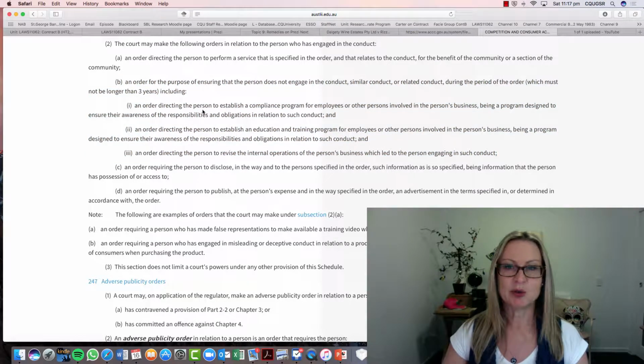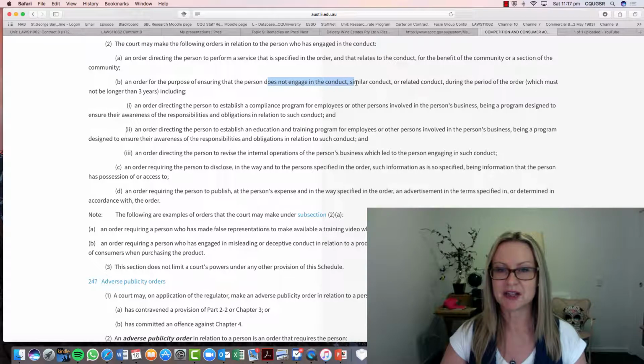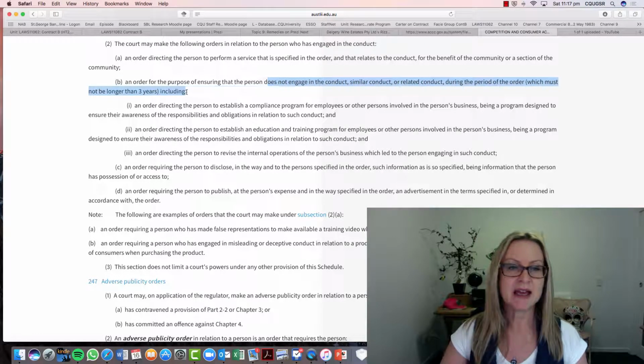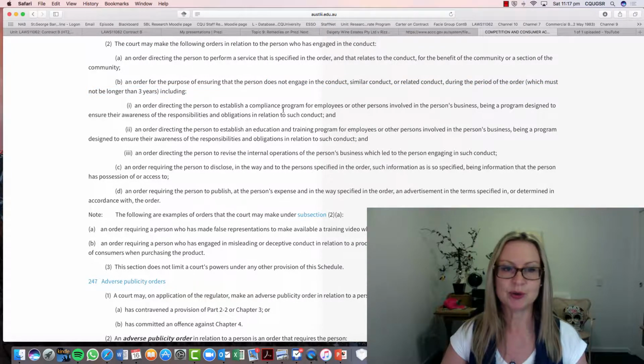So you can get an order that the person doesn't engage in the conduct, similar conduct, or related conduct during the period of the order, and it can require them to establish a compliance program for employees in their business designed to ensure awareness of the responsibilities and obligations in relation to such conduct, directing the person to establish an education and training program for employees, an order directing the person to revise their otherwise slack internal operations that have allowed that breach to occur.